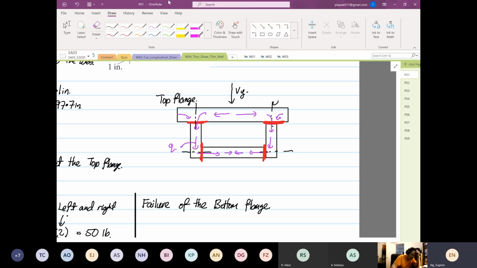So let me further elaborate. So this is our centroid, and based on the rules, we said that the datum is at the centroid, right?